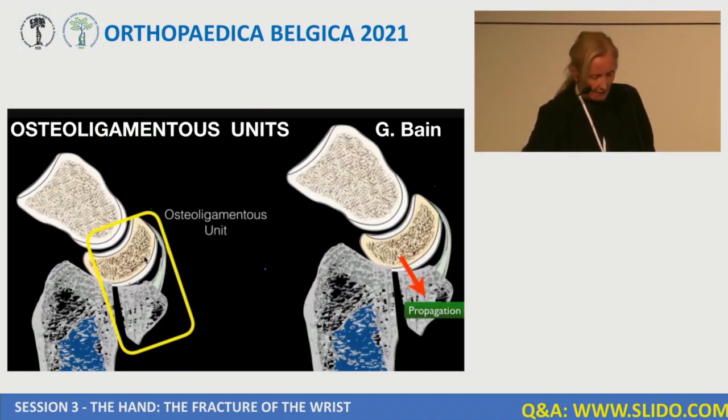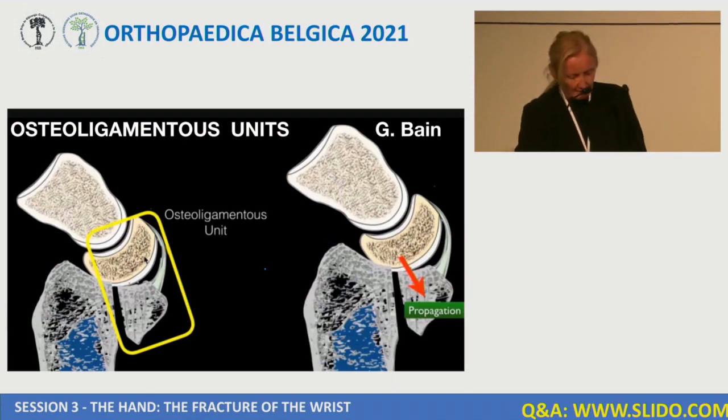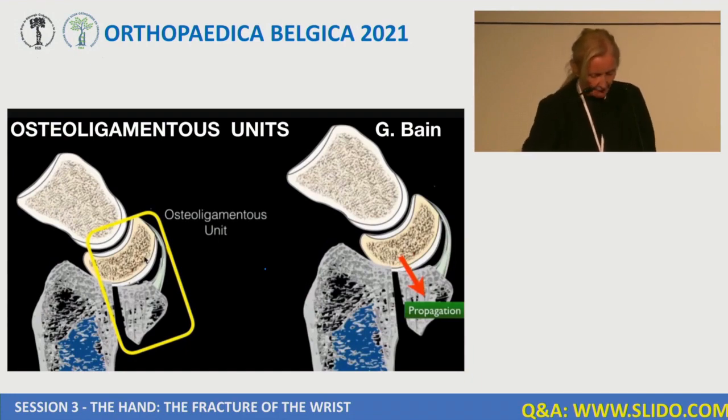In 2013, Gregory Bain published the fundamental concept of the osteoligamentous unit of the intra-articular fracture. The fragments of the fracture are still attached to the ligament, and so here, with the lunate facet, you have the short radiolunate ligament still attached, which can explain the volar luxation of the carpus and the lunate.